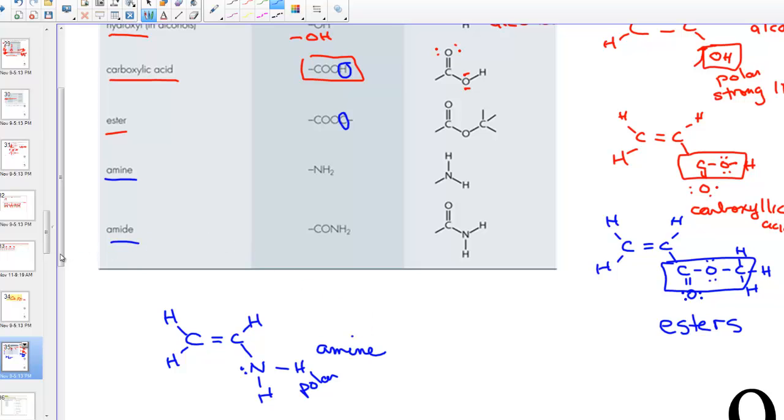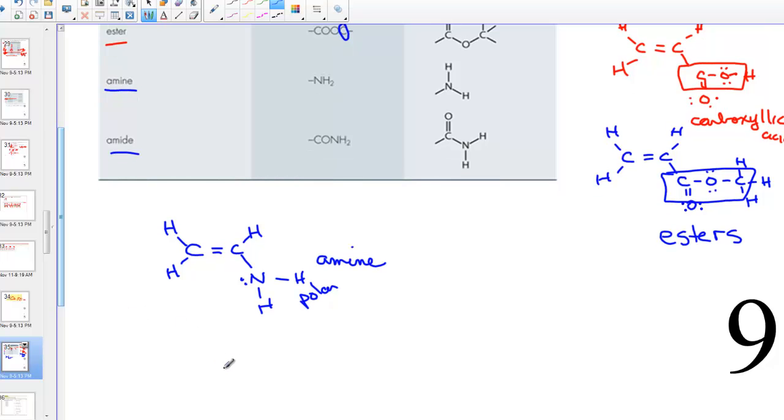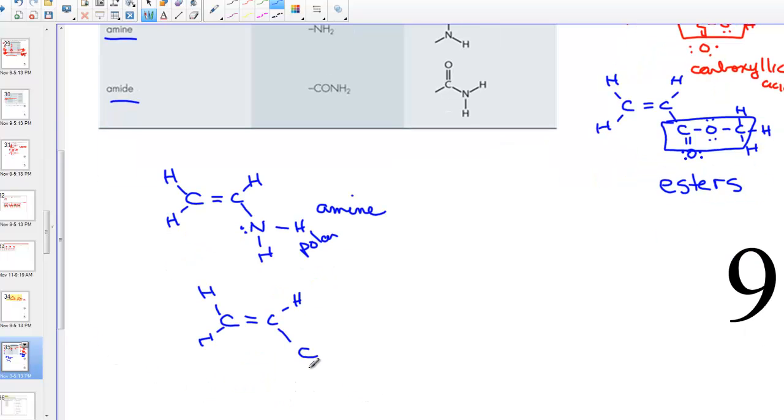And the last we'll need to recognize is called the amide. An amide, when I put it into a monomer, has this position attached to a carbon, and that carbon now has a double bond O and now attached to an NH2. And again, the nitrogen has a lone pair to complete its octet.